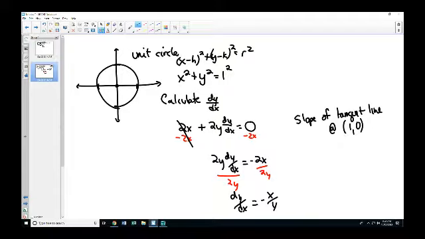Plug it in. So dy/dx, remember your notation, dy/dx evaluated at (1, 0). Then how would you write the answer to that? What's that slope? It's undefined, right? Yes, it is a vertical line.